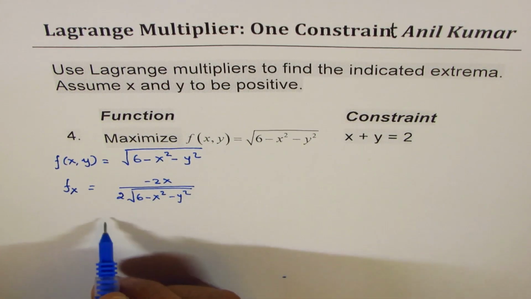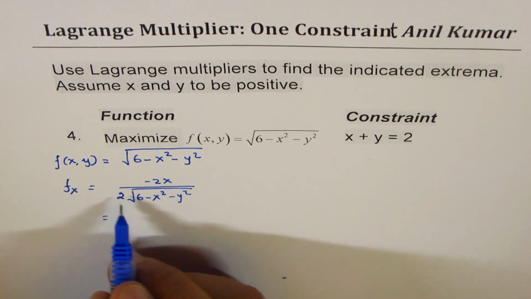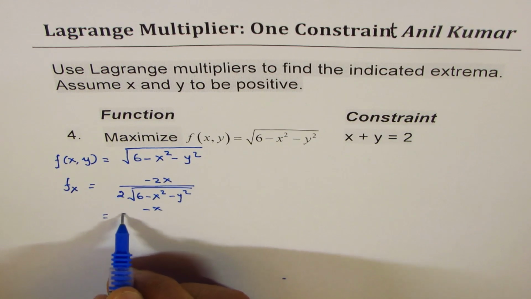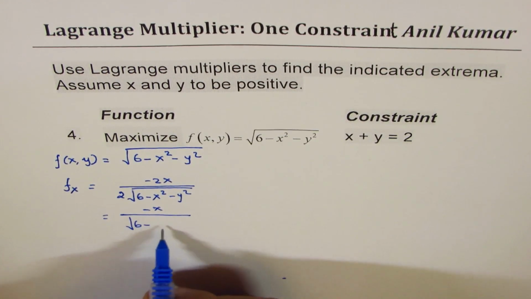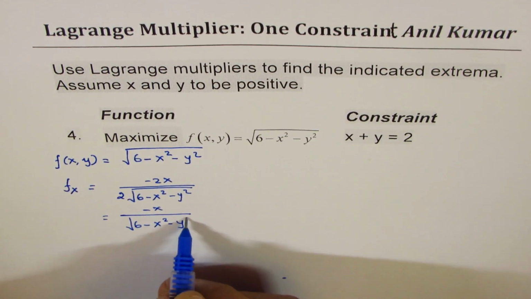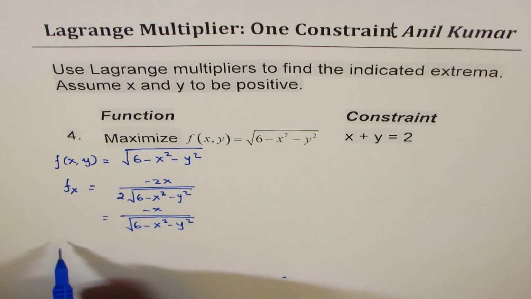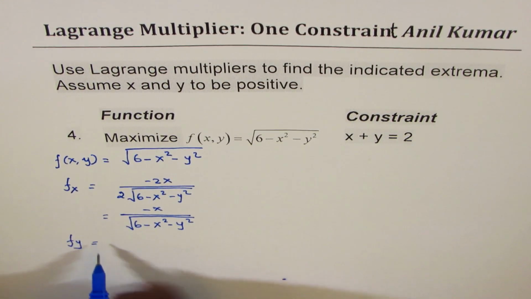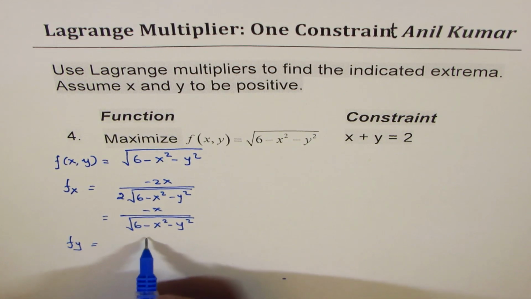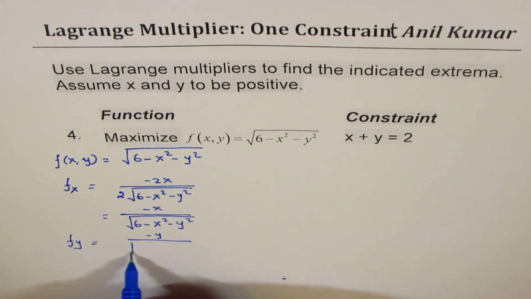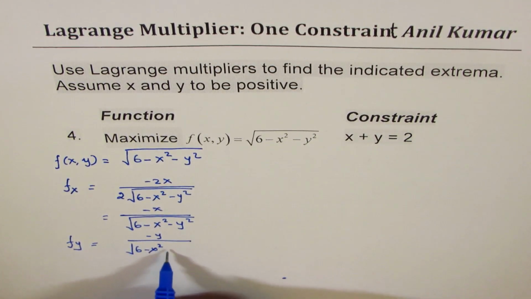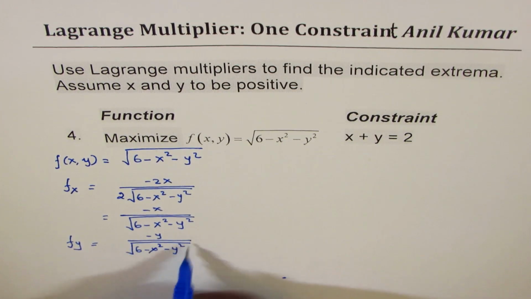Now that could be simplified: the 2 and 2 cancel, giving minus x over square root of 6 minus x squared minus y squared. Perfect. Similarly, the partial derivative with respect to y is minus y over square root of 6 minus x squared minus y squared.